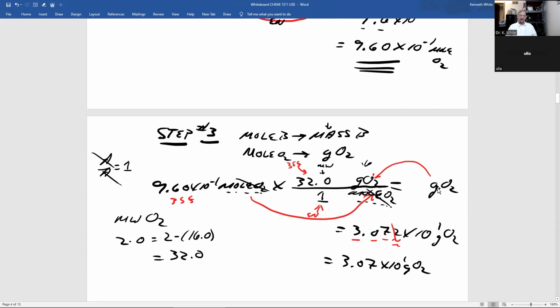Use your good friend, unit analysis. Whatever you're trying to get to goes on top of the ratio. Whatever you're trying to get rid of goes underneath. And where do we get these numbers?